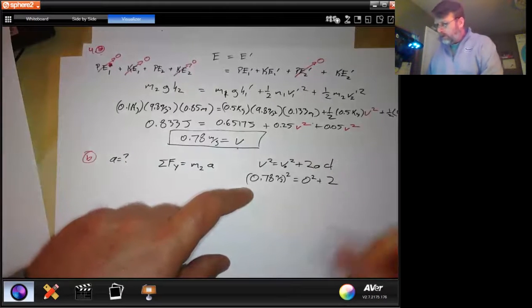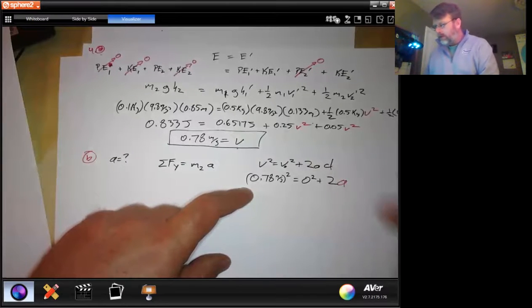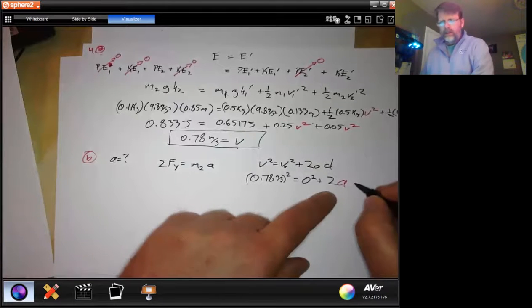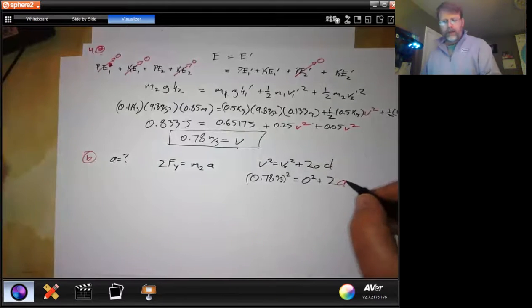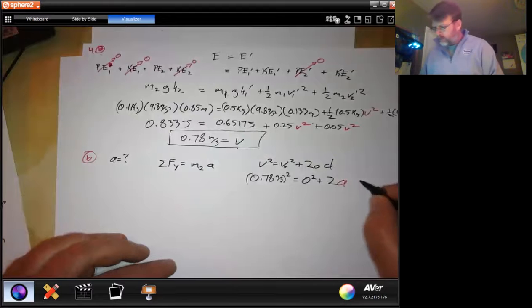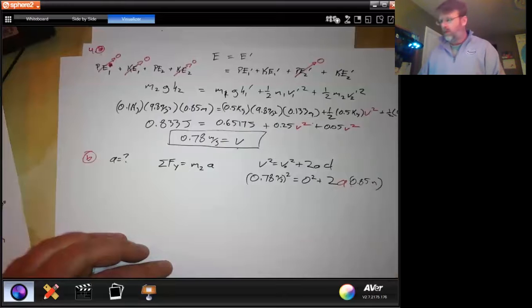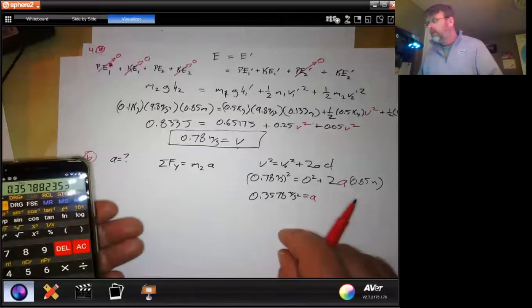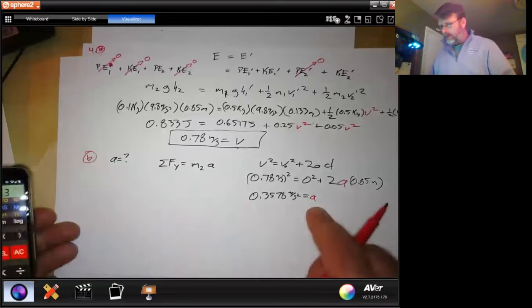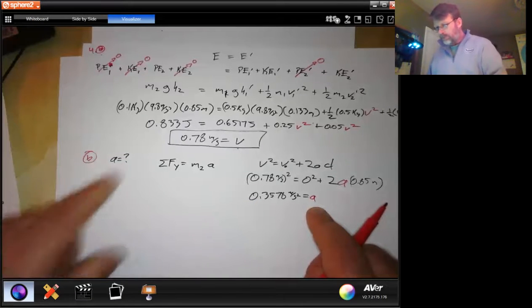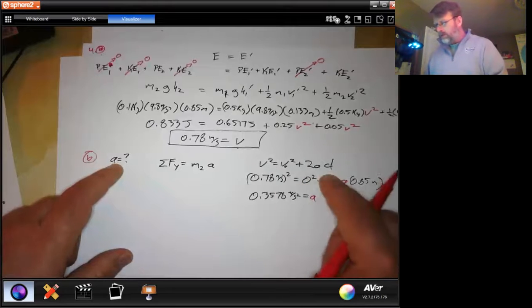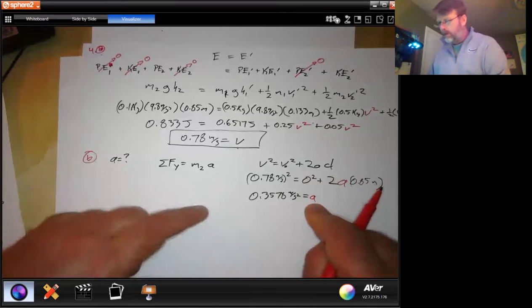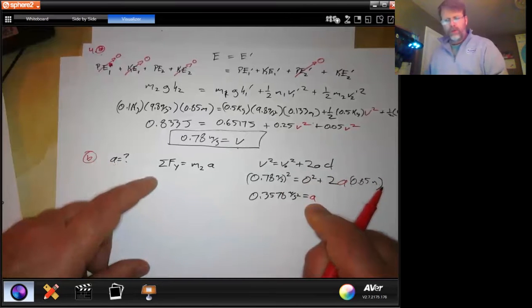This is what they're asking for in part B. Our distance for this was still our 0.85. So we get our answer for our acceleration, using the kinematic equations just like we did in the previous question.